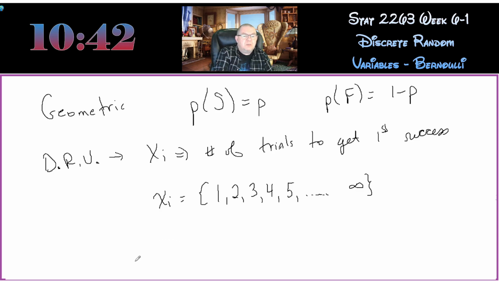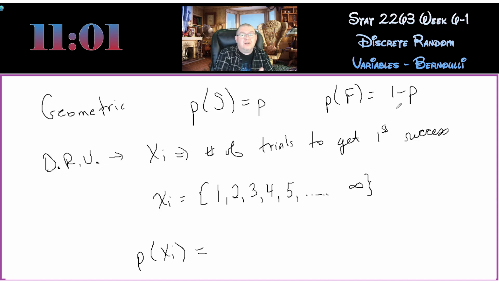Now, what's the probability of each of these xi's? Well, for 1, it's just success, which is p. For 2, it had to be fail, then success, so 1 minus p times p. For 3, it had to be 2 fails, and on the tree would have been 1 minus p, 1 minus p, and p.